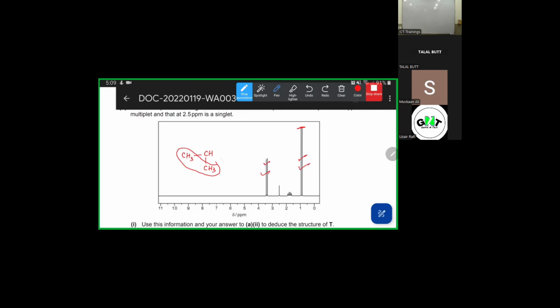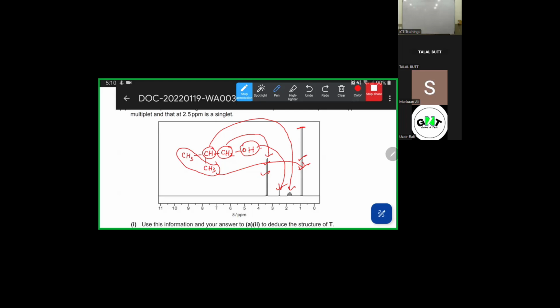The other duplet means there is something else present up here, CH2, and then OH is attached with it. So this one would form this duplet, this hydrogen forms the multiplet, and this OH forms the singlet. Did you get it, guys?